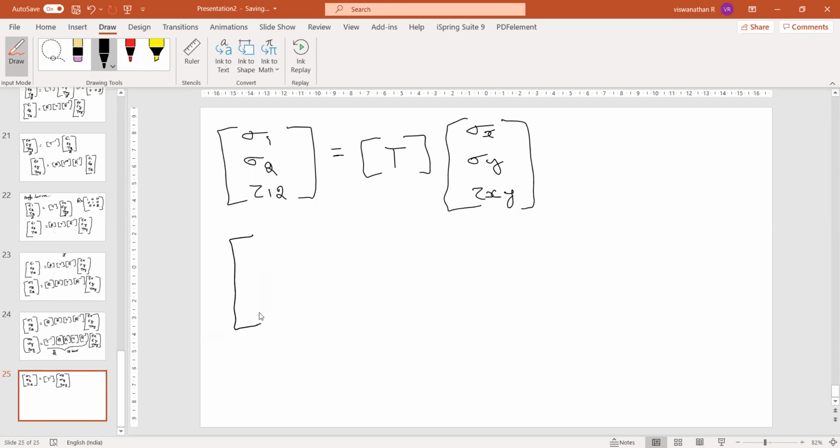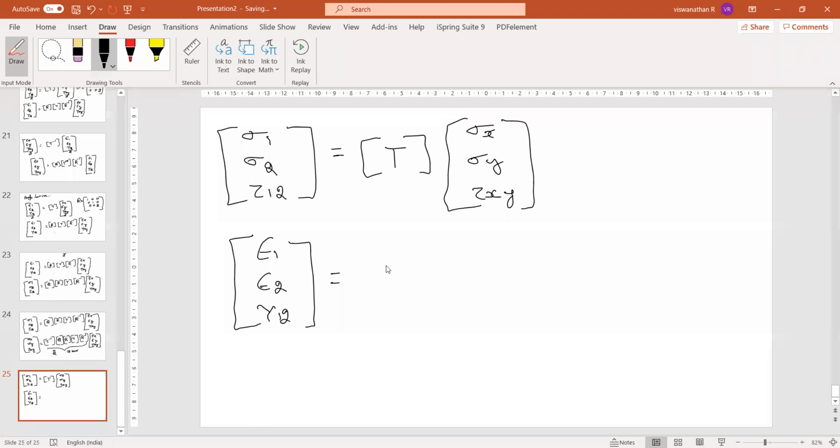Suppose I don't want local stresses. I want local strains. I want to write it as epsilon 1, epsilon 2, and gamma 1 2. So what should I do?